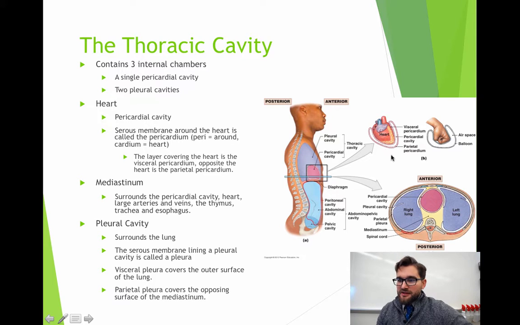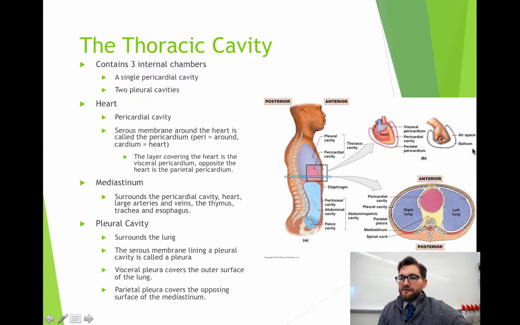So we can see in this picture the visceral pericardium is the membrane that is surrounding and in contact with the heart. The pericardial cavity, the empty space of this membrane, is here. And then the parietal pericardium is on the outside away from that organ.